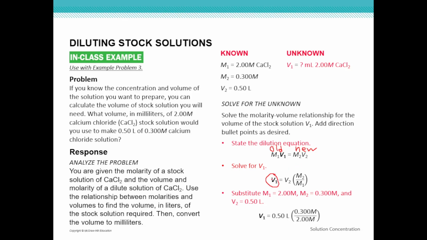We have the volume of the new solution. It's going to be 0.5 liters. It's going to go in as V2. We have the molarity that we want for the new solution. That's M2. And then we have the molarity of the original solution, that's M1. So plug all of those in and solve.